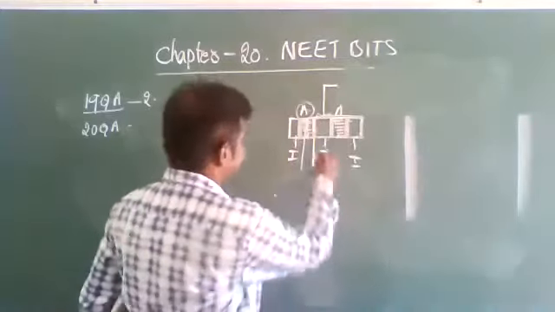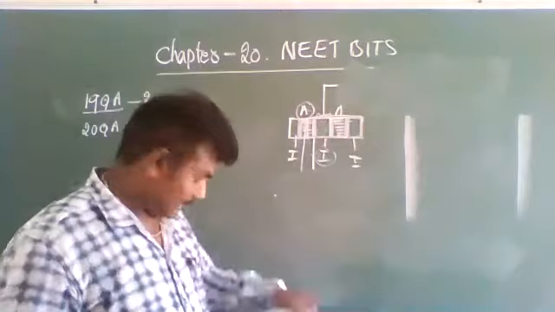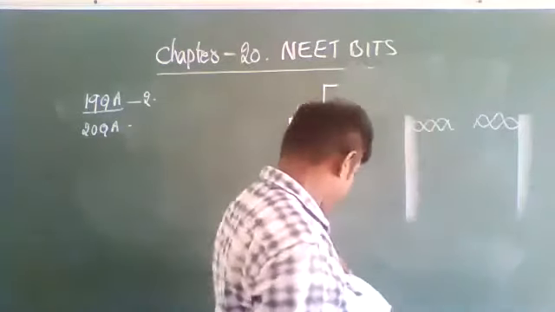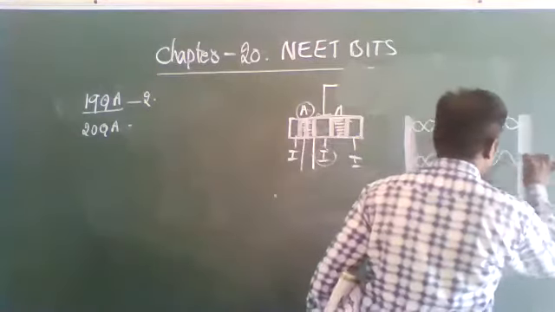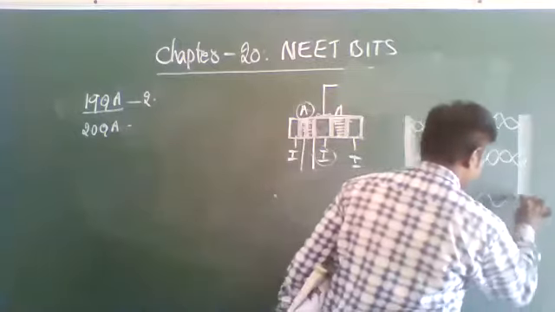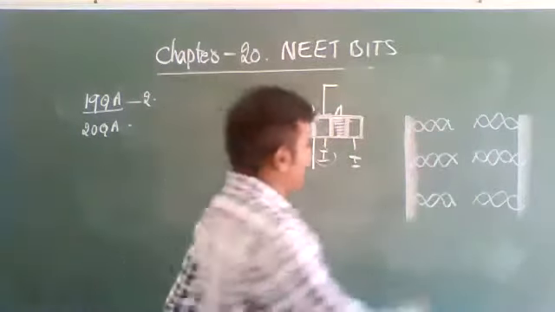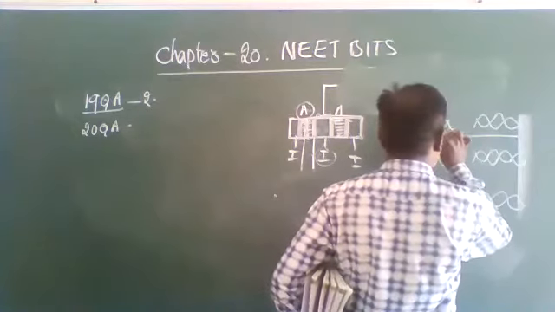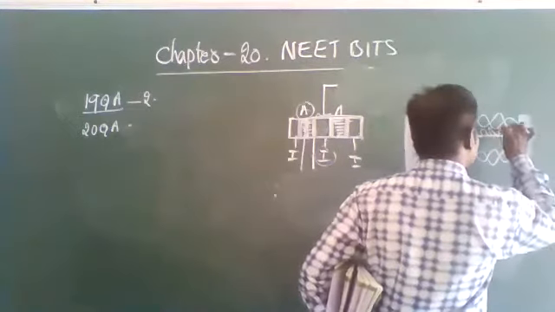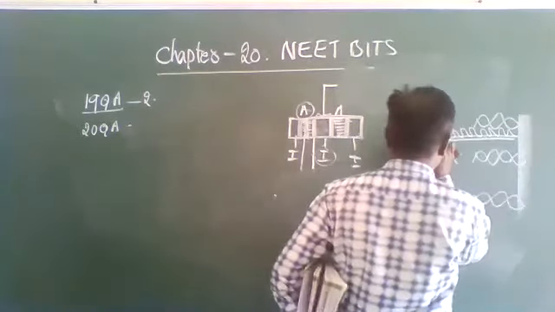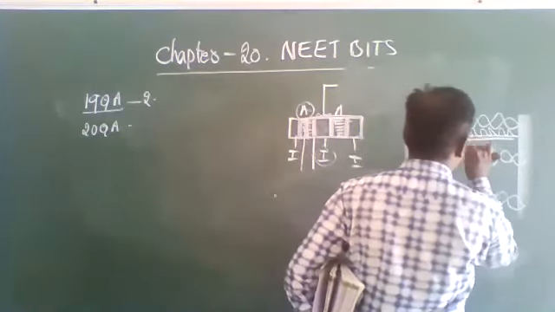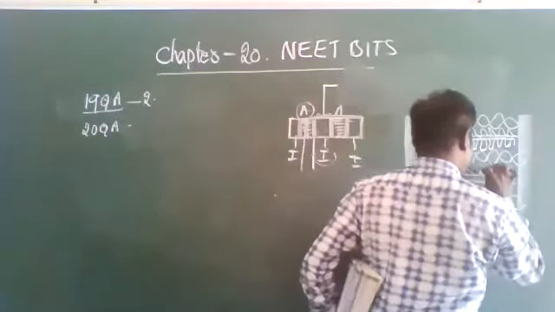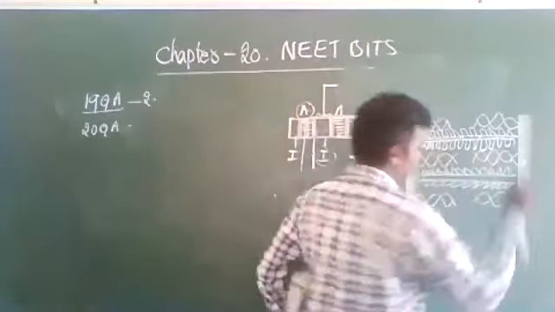These are Z lines. Here I draw Z lines, Z lines, Z lines. This is the middle. Like this way.